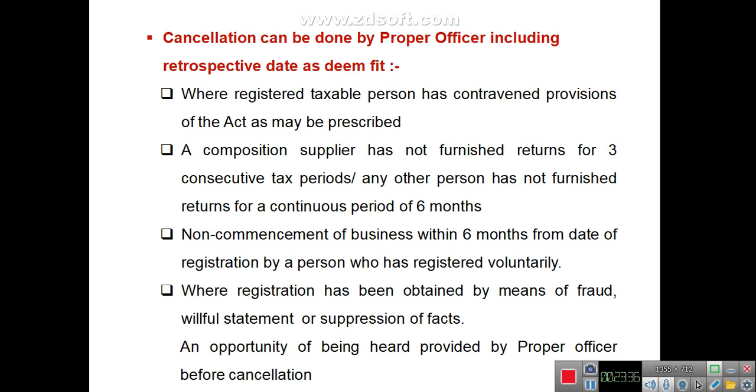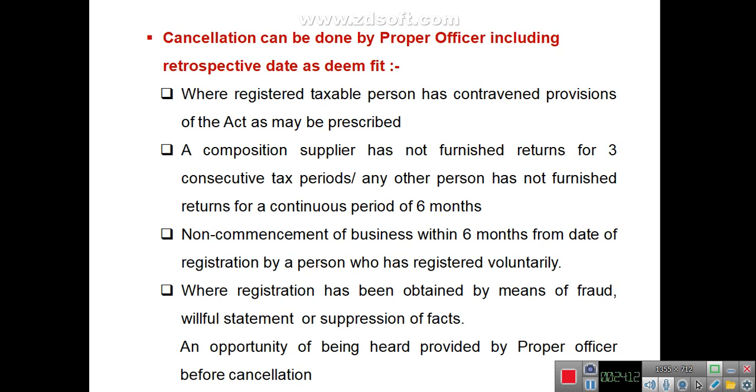If a composition supplier has not furnished returns for 3 consecutive tax periods, or any other person has not furnished returns for a continuous period of 6 months, then the proper officer may cancel the registration.